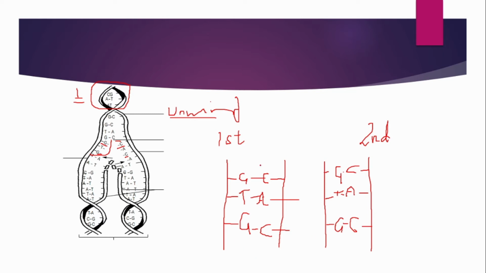And then here we can say this is DNA molecule number 1, and this is DNA molecule number 2. We have to remember that we had one DNA molecule, created as a result of the weak hydrogen bonds doing what?